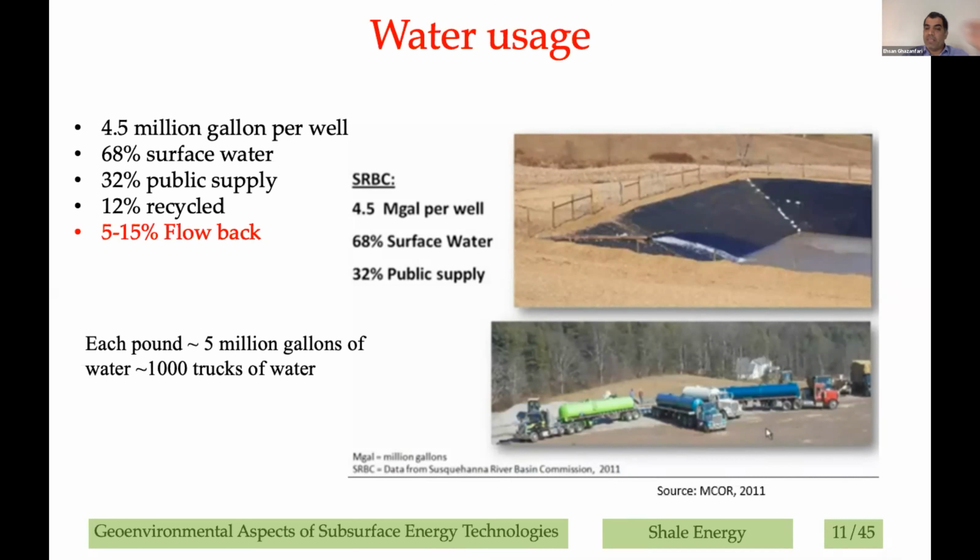Each well pad during the hydraulic fracturing process roughly uses 5 million gallons of water. A lot of remote areas in different parts of Marcellus, which translates into almost 1,000 trucks of water. So you can imagine a lot of truck shipment.